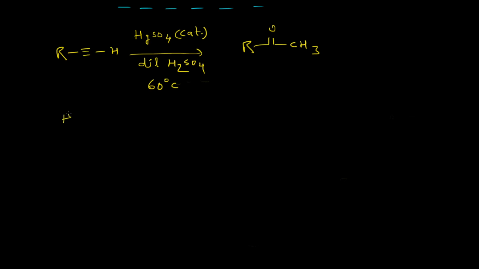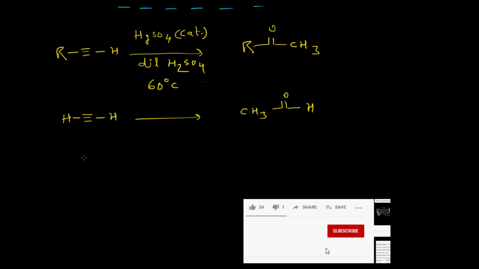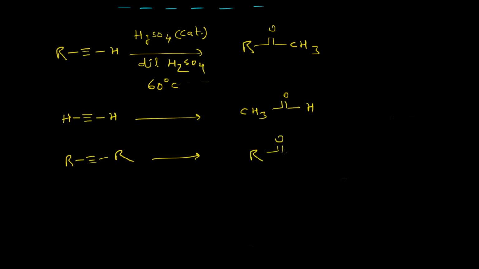If we choose acetylene, then the same reaction condition will provide us acetaldehyde. And any other alkyne, which is an internal alkyne, will give us the corresponding keto compound.